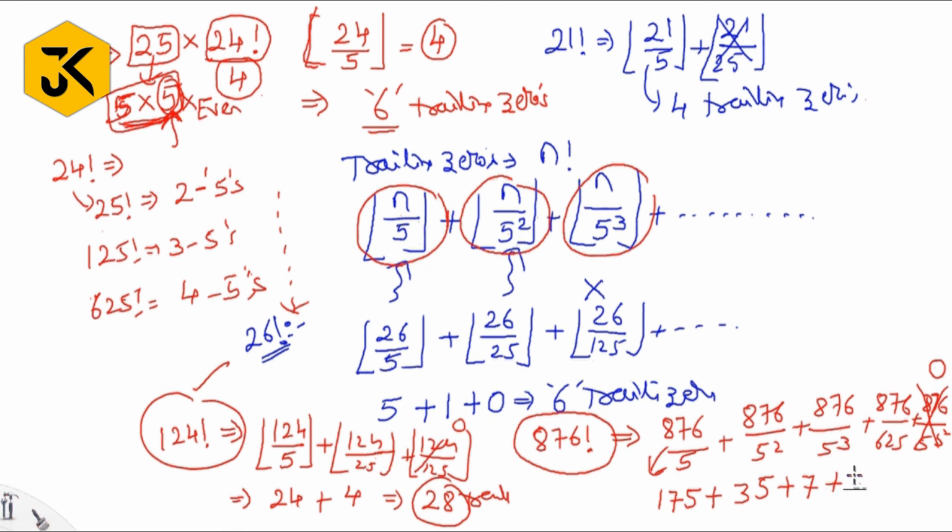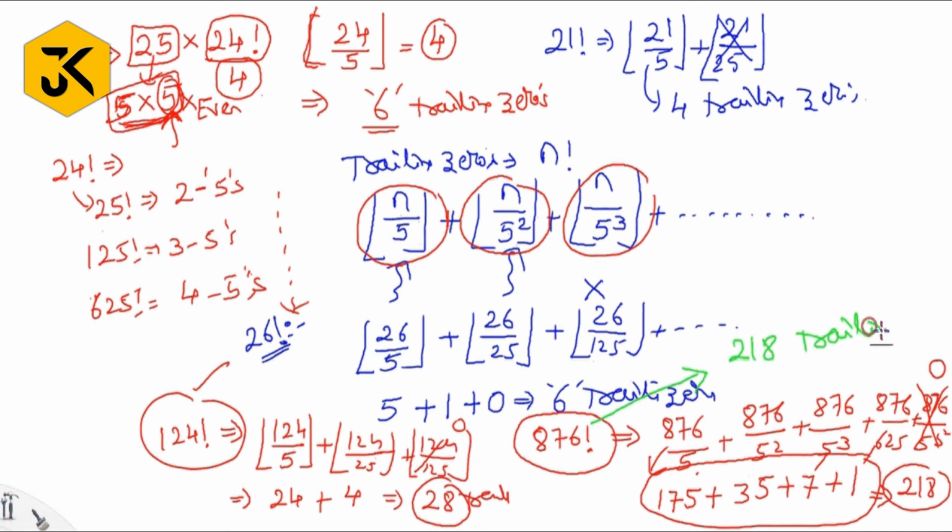Next 876 by 625, obviously you will get 1. So 175 is the first common 5s, then extra 5s, extra 5s, extra 5s. So the total number of 5s is 175 plus 35 plus 7 plus 1, which is 218. So in 876 factorial you will get 218 trailing zeros.